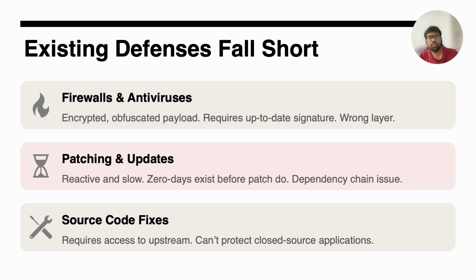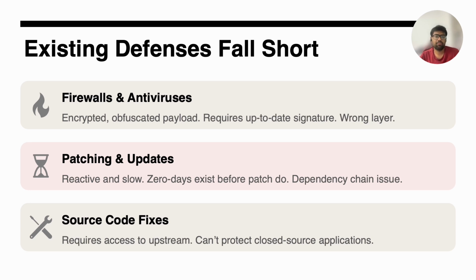Now you might ask, don't we already have existing defenses for this? The answer is yes, we do, but they all have some sort of fundamental gaps. For instance, firewalls and antiviruses operate at the network or the system layer. They have no idea about the JVM, and there could be encrypted or obfuscated payloads which can bypass them easily. Then there is patching.